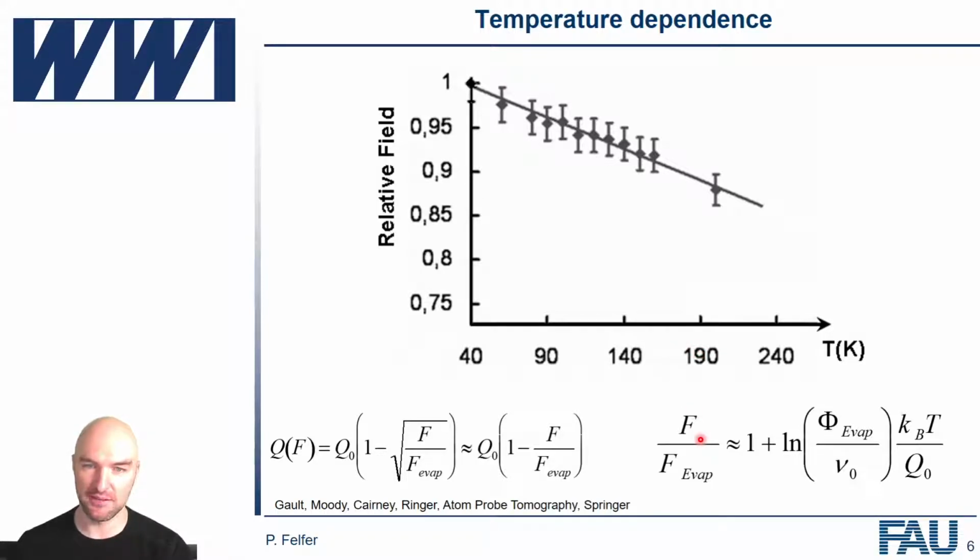And you will see that the ratio of the current field to the evaporation field is essentially given by the thermal energy to Q0 in a more or less linear fashion. And this is sort of what we observe in a lot of systems.